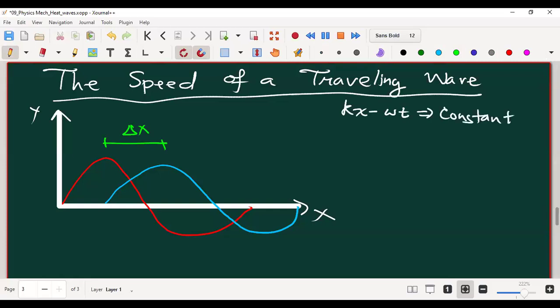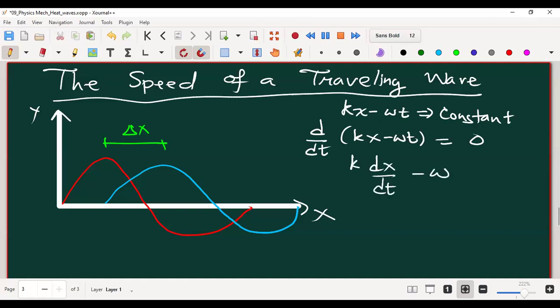And then we can take the derivative of this. The derivative of a constant is 0, right? So this one is k dx/dt minus omega is 0.